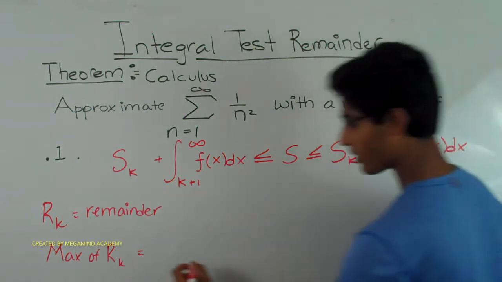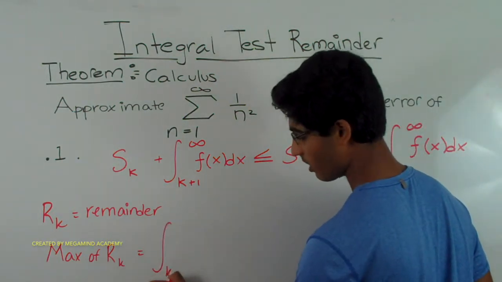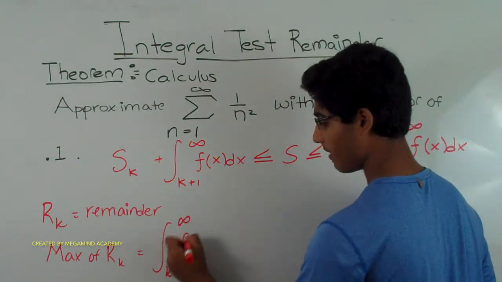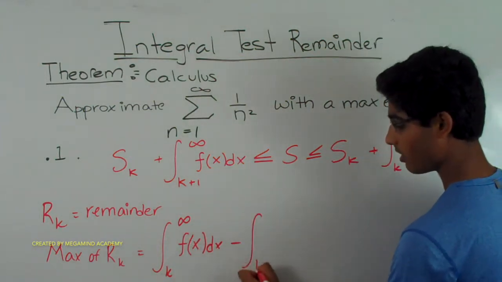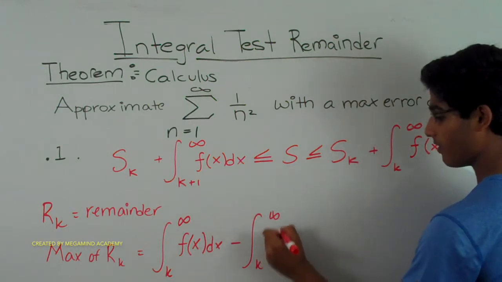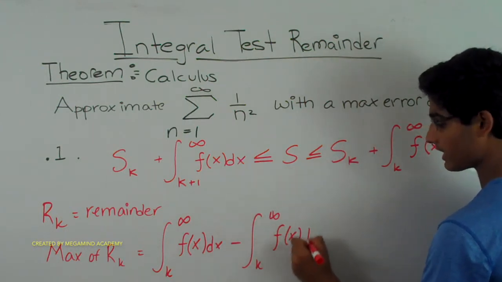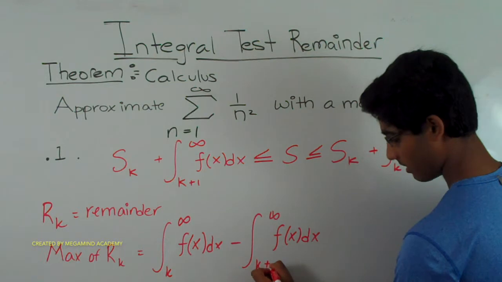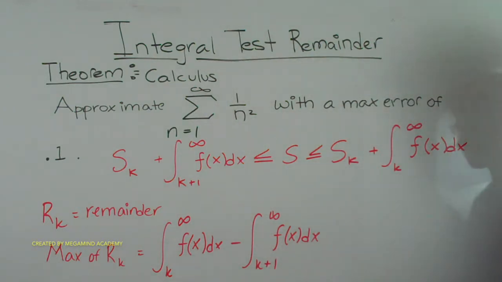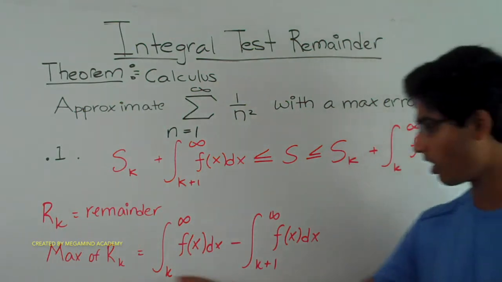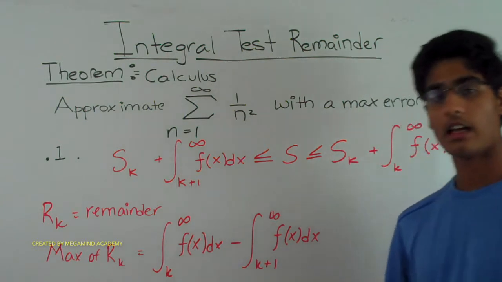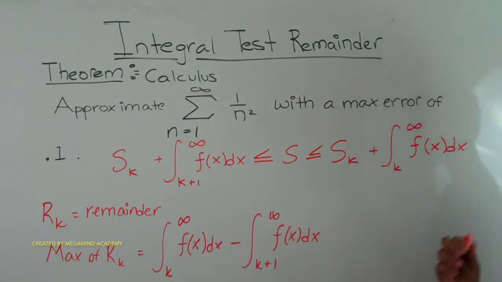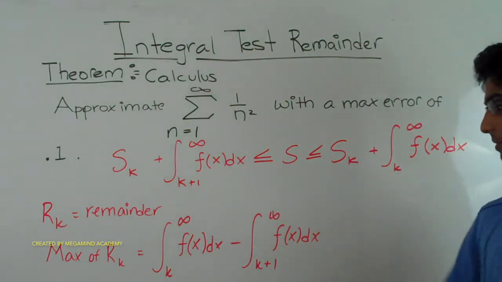So we're going to be left with the integral from k to infinity of f of x dx, minus the integral from k plus 1 to infinity of f of x dx. So that's just what r sub k is.